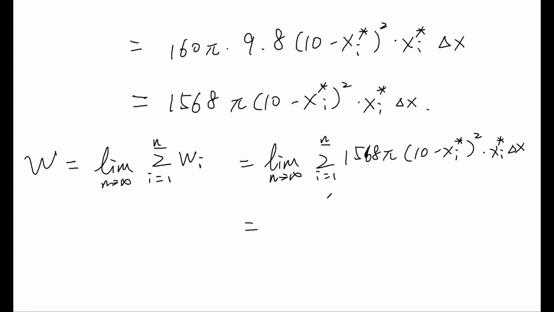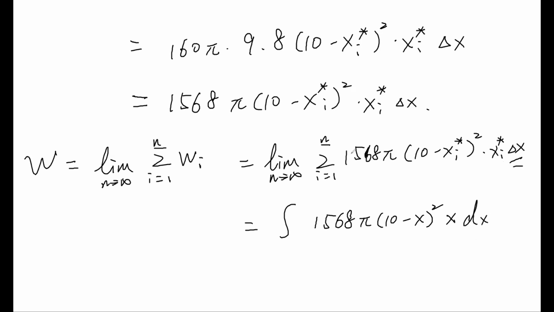When you take the limit, the sum becomes an integral. Xi star becomes x, and delta x becomes dx.